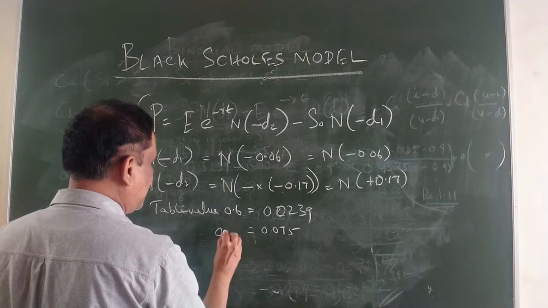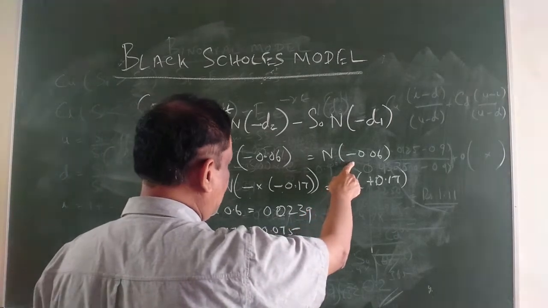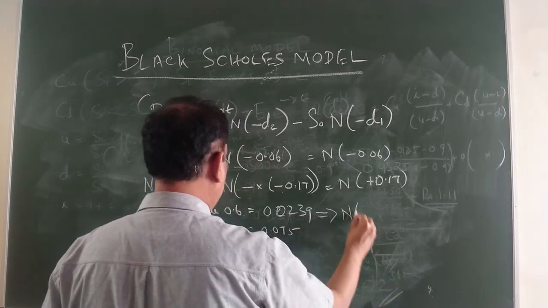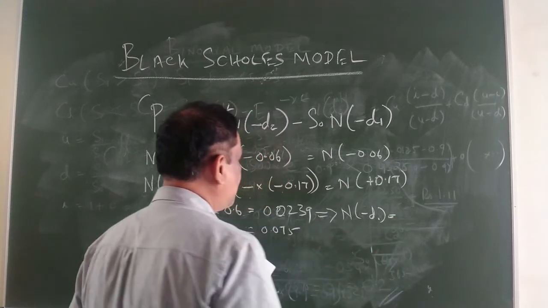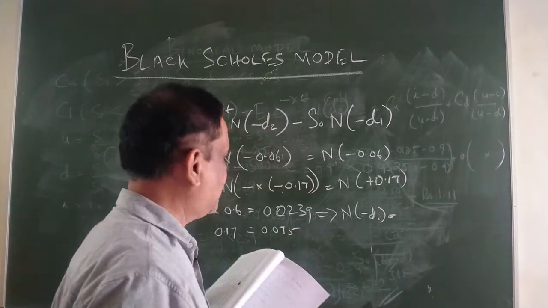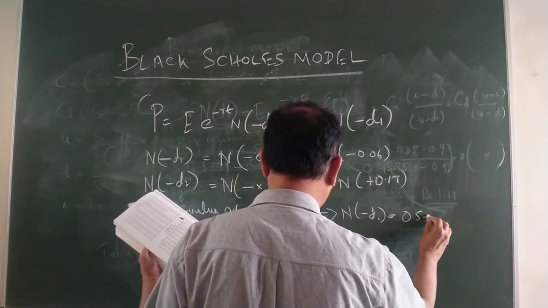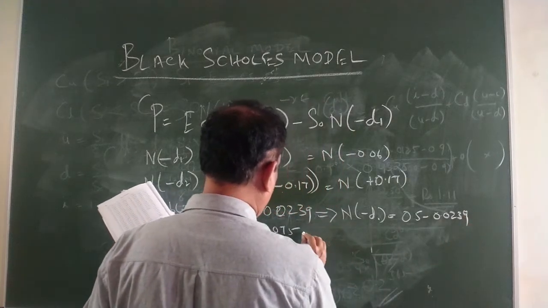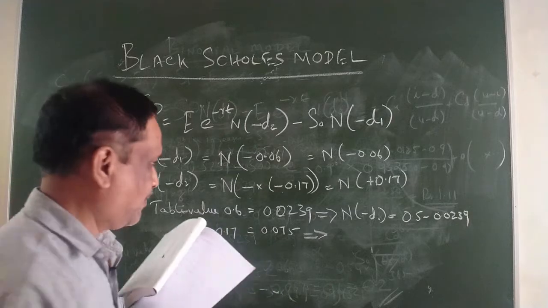As there is a minus symbol, as I told you, N of minus D1 would be 0.5 minus 0.0239, and here as it is a plus value, we have to add to 0.5.